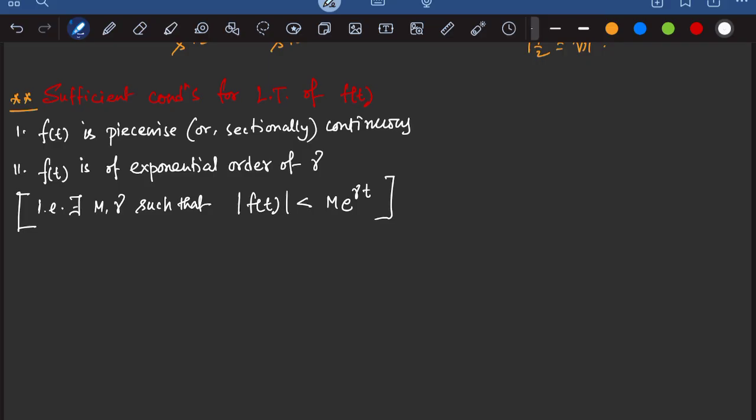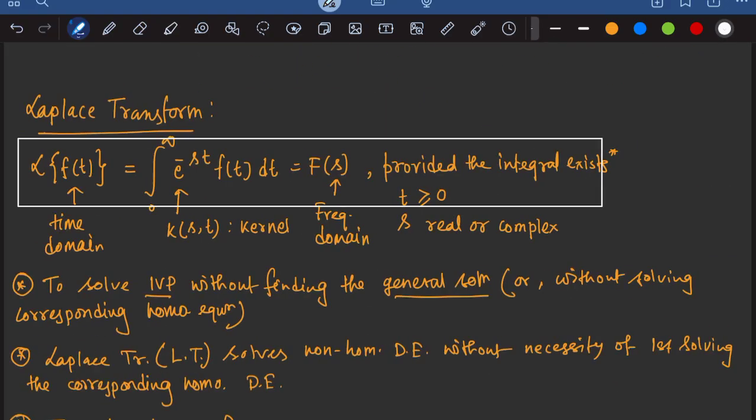So the basic idea is that if the function is of exponential order gamma, it is not growing faster than e power gamma t. This is one of the conditions so that the improper integral exists. See the first condition we stated, provided the integral exists.